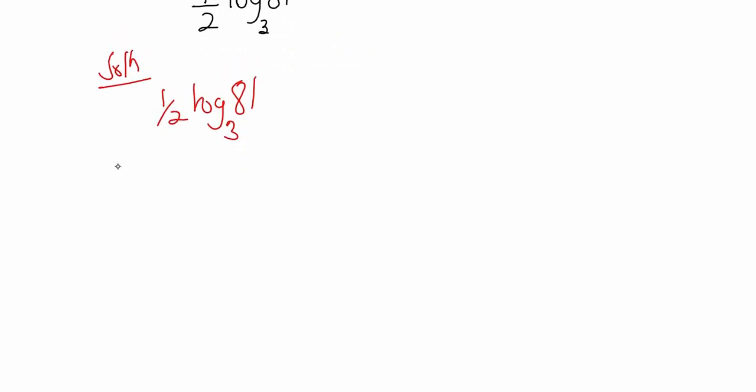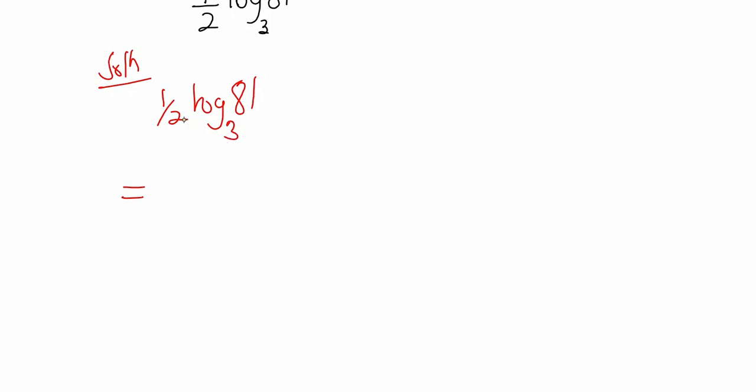Now we can see that we can apply the power index law. Now knowing well that we can send this half to the 81 becoming an exponent, so it becomes log 81 exponent half base 3. Yes, that works.